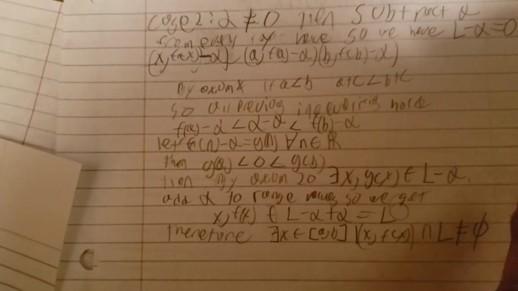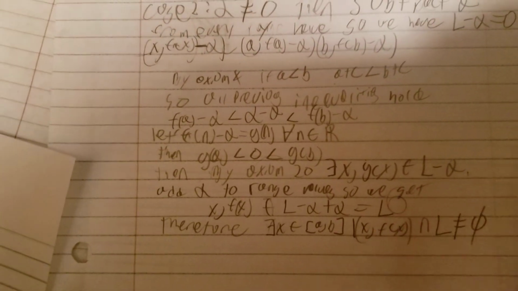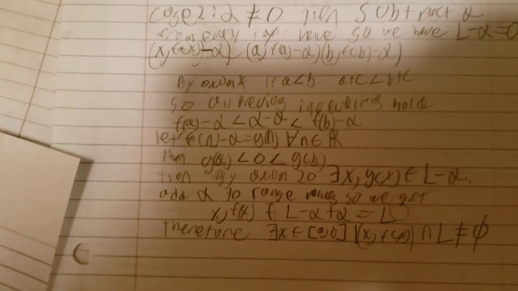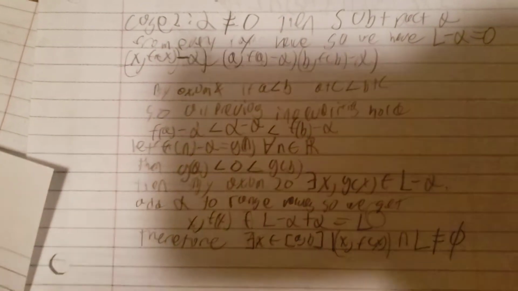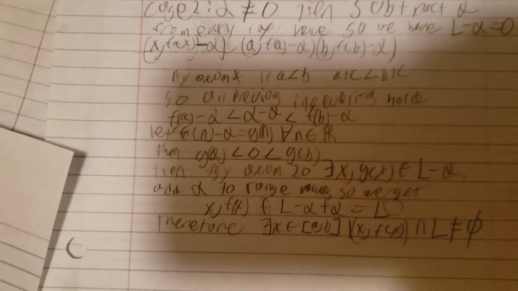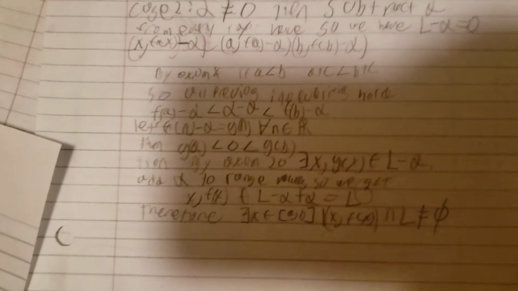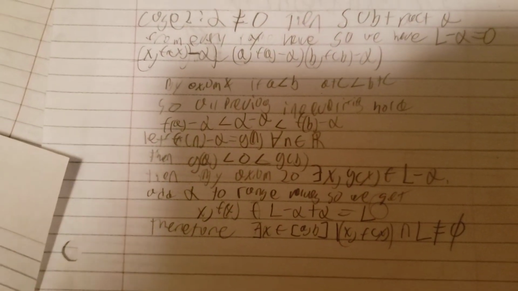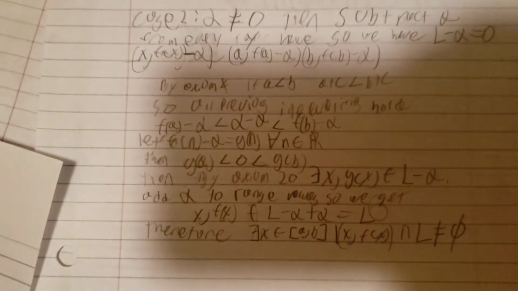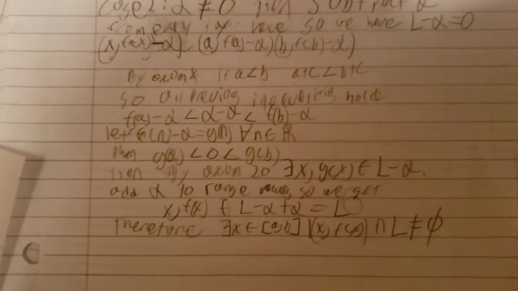And since that's at the point 0, 0 plus alpha is equal to alpha. Therefore, we get that the point (x, f(x)) is an element of L, because L is the height of alpha. And this is just a fancy way of saying all that.